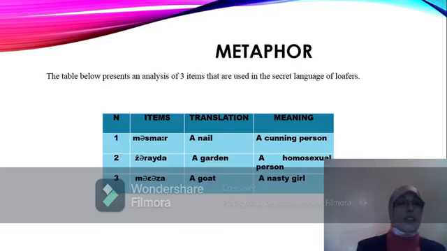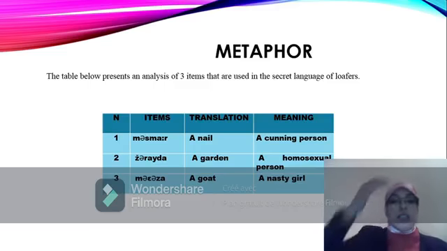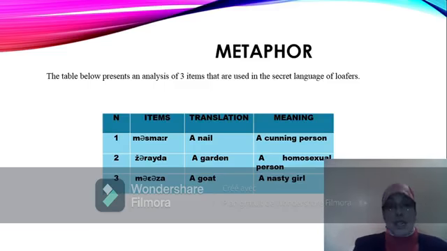Well, the next example is concerned with the metaphor. The table here presents an analysis of three items that are used in the secret language of loafers. The first example, masmar. The translated word is the nail. The meaning is a cunning person. Item number two, juraida.